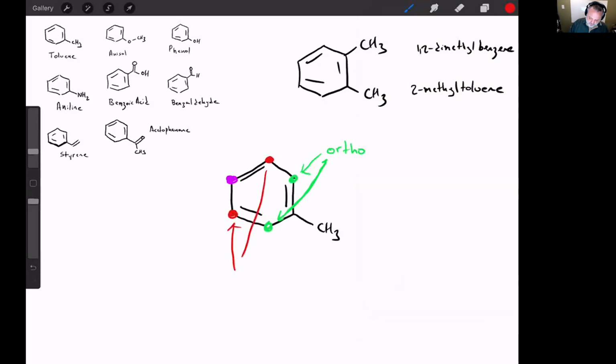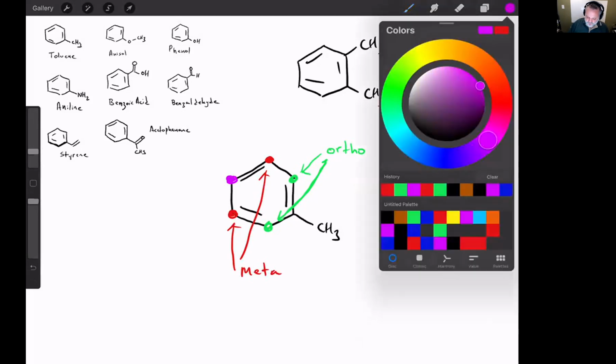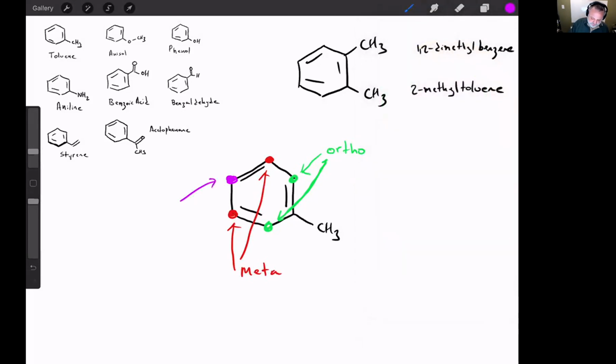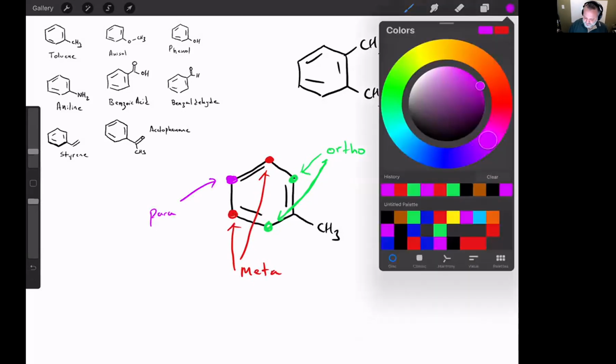Same thing with this one. They're identical. They're two spaces away. It's meta. And the last one, there's only one position. It's called the para position. So what else could we have named this toluene?